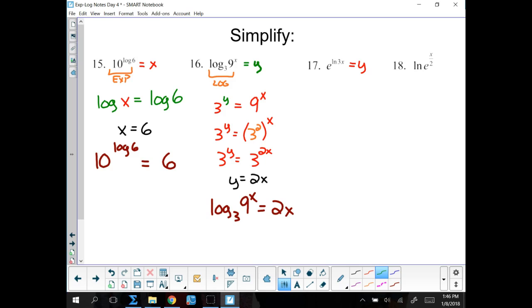Log base e, natural log of y, is equal to the natural log of 3x, right? So y equals 3x. So e to the natural log of 3x is simply just 3x.